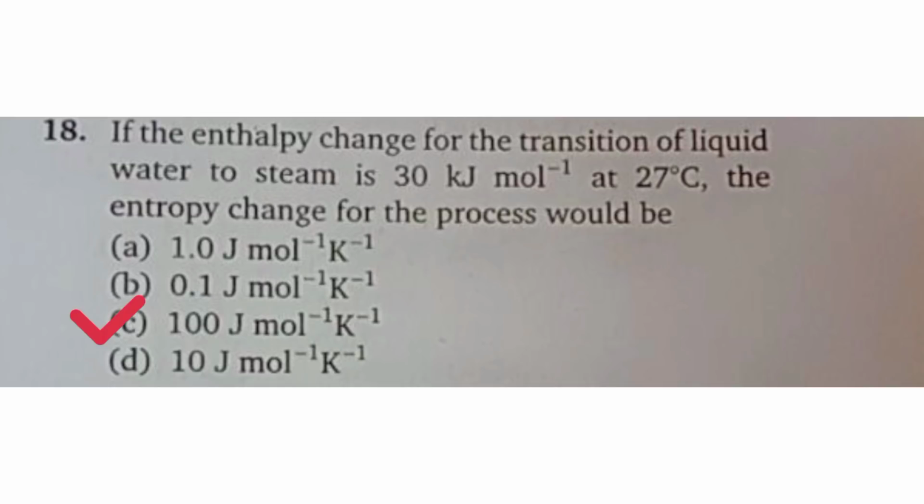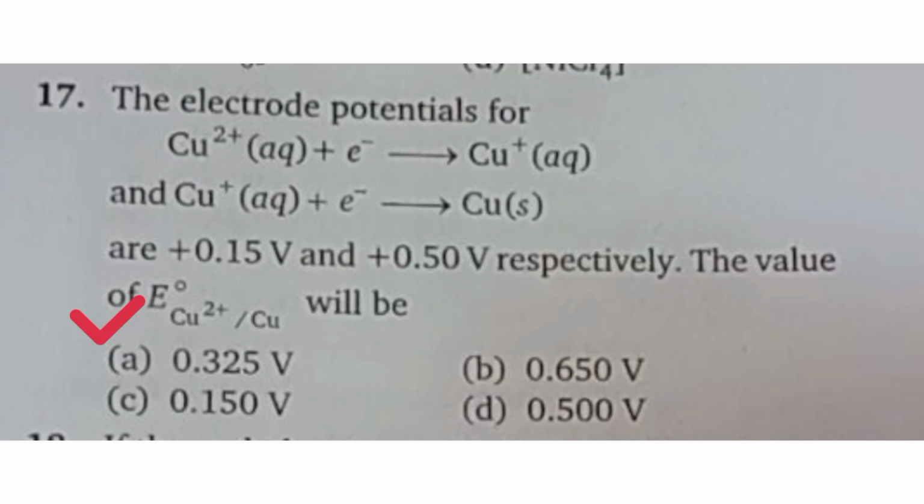Definitely the answer would be option C, 100 joule per mole per K. The next one: the electrode potentials for Cu2+ plus electron to Cu+ and Cu+ plus electron to Cu are 0.15 volt and 0.50 volt respectively.